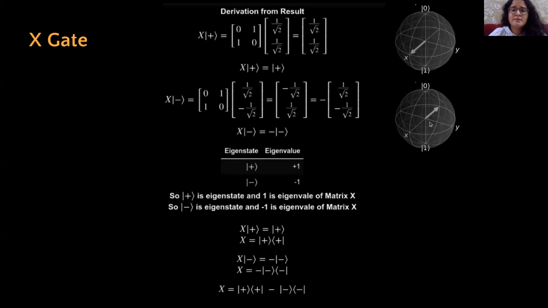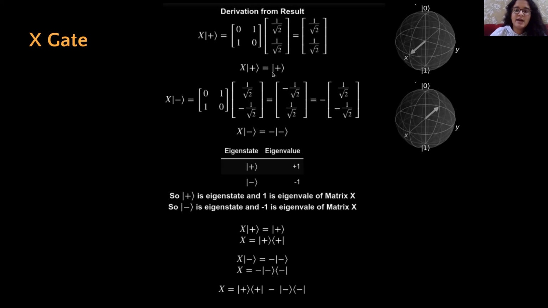And therefore, from the eigenvectors that we've got, we can find the X matrix that we want. But let's assume for a second that we already know what the X matrix is, to verify that these are the eigenvectors and values of the X matrix. If we apply X gate on ket plus, we get plus back without any rotation, and it's just the same, no scaling as well.